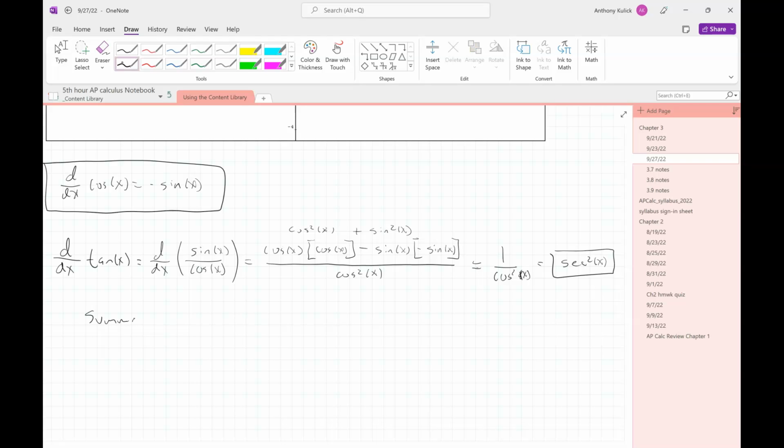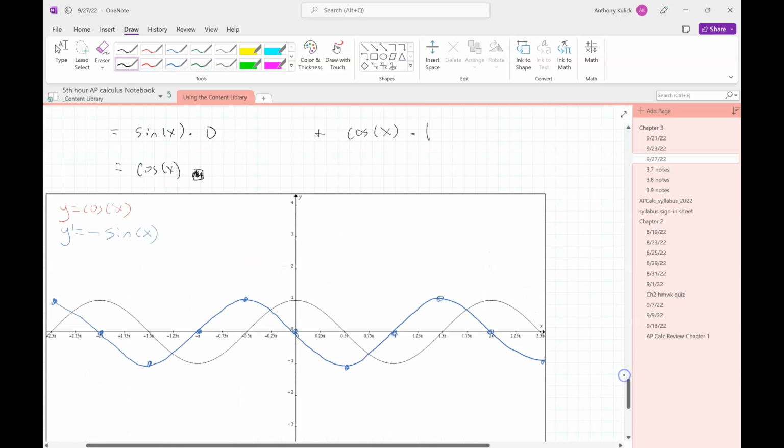So the derivative of sine was cosine. The derivative of cosine, negative sine. The derivative of tangent is secant squared.